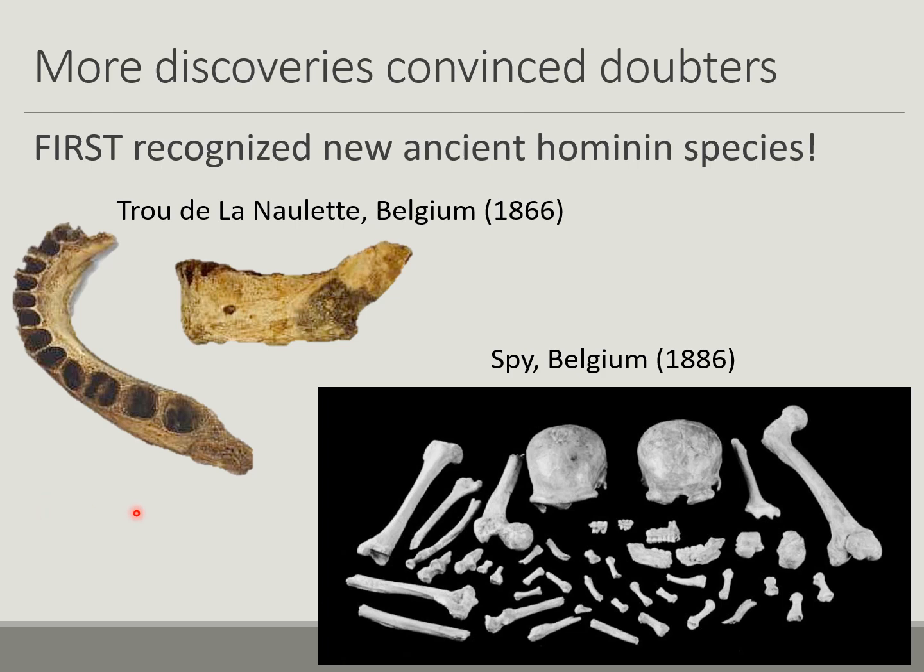So yes, this required more discoveries to convince other researchers that Neanderthals were a different species, very much like the Taung child, right? So if you remember, Mrs. Ples, discovered in Sterkfontein, that adult Africanus cranium. It required that discovery to convince the paleoanthropological community that Taung child was actually a hominin.